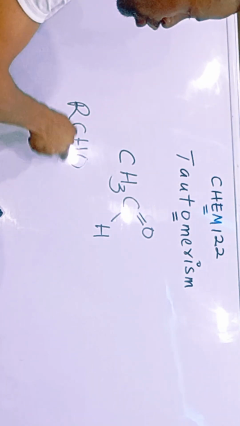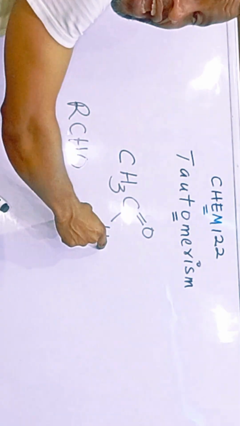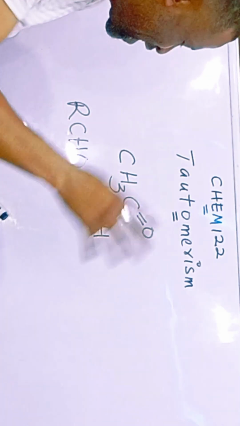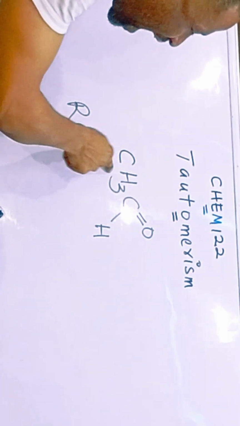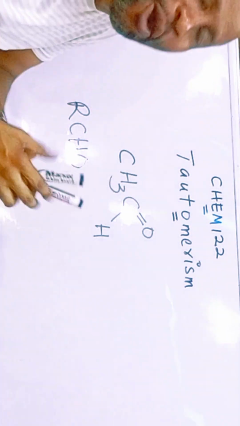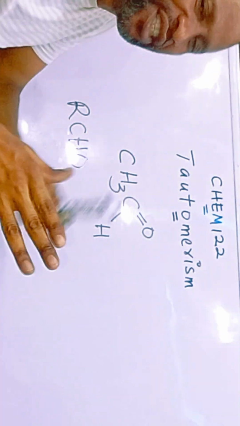You have the alkyl group, you have the carbonyl functional group, and then you have hydrogen here. It obeys the formula RCHO, and any organic compound that conforms to the formula RCHO belongs to a class of organic compounds we call alkanals. Alkanals, we're coming to that.